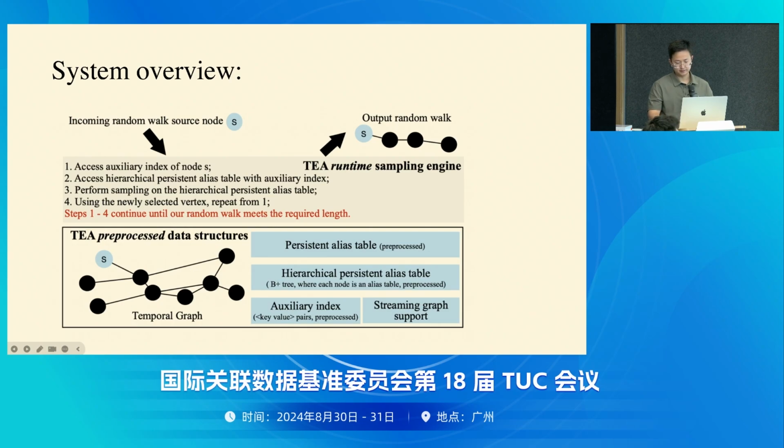Thirdly, it performs sampling on the hierarchical persistent list table with O(log D) time complexity. Finally, it will use the newly selected vertex and repeat the above process. Not only this, T can also support streaming graph data flow by incrementally updating the hierarchical persistent list table.